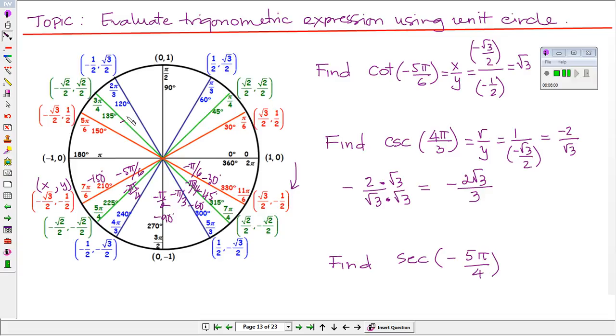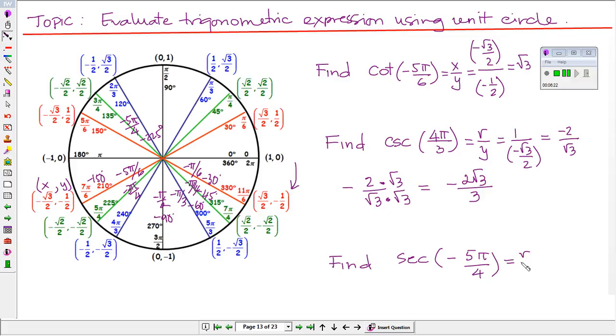So negative 5 pi over 4, we end in quadrant number 2, and this angle is the same thing as negative 225 degrees. So therefore we know the point x and y.